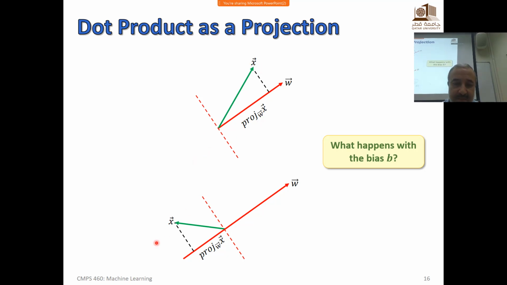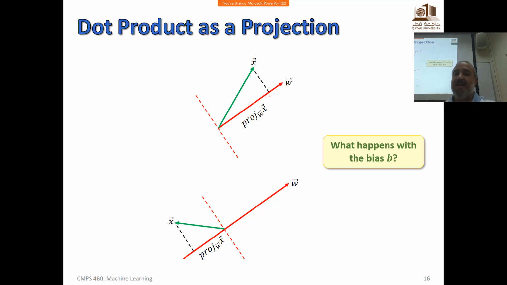In this case, when we have x like that, the projection is actually positive, right? We are adding to it the bias, which is also positive, so the activation value will be even more positive, right? So that means that the activation value will be even greater than the projection only.